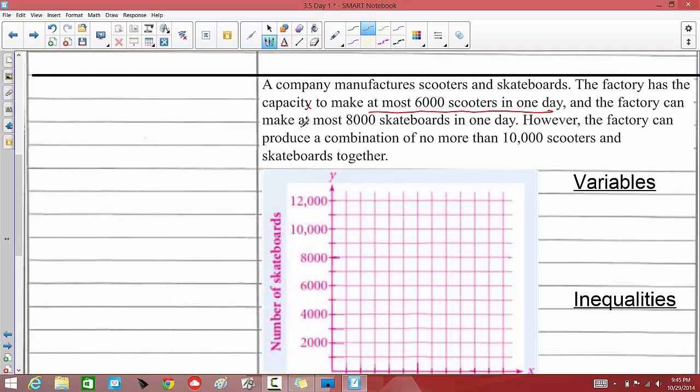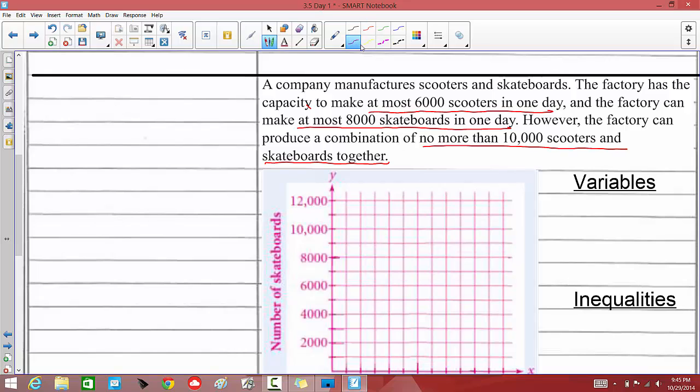And the factory can make at most, another limitation, 8,000 skateboards in one day. However, the factory can produce a combination of no more than 10,000 scooters and skateboards. So altogether, they can't make more than 10,000 things. So no more, another limitation of 10,000 scooters and skateboards together. Okay, so it looks like that's the important information.